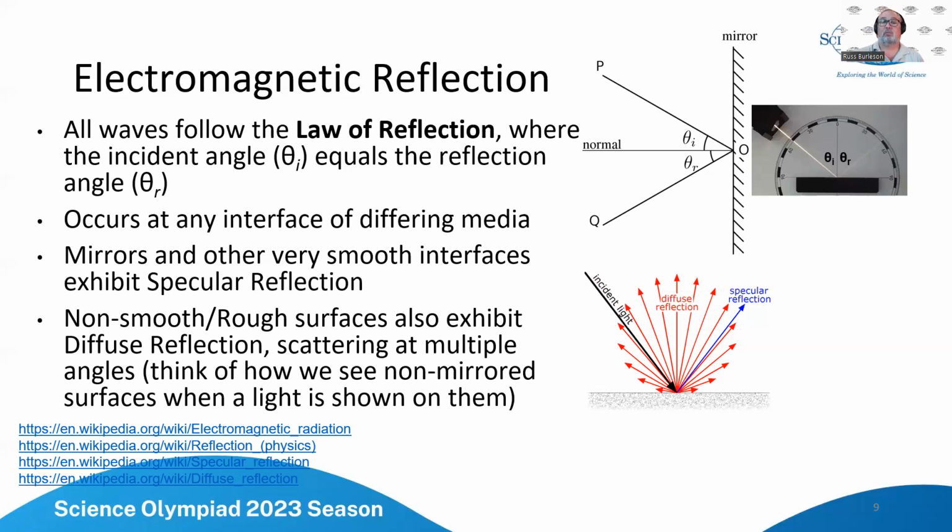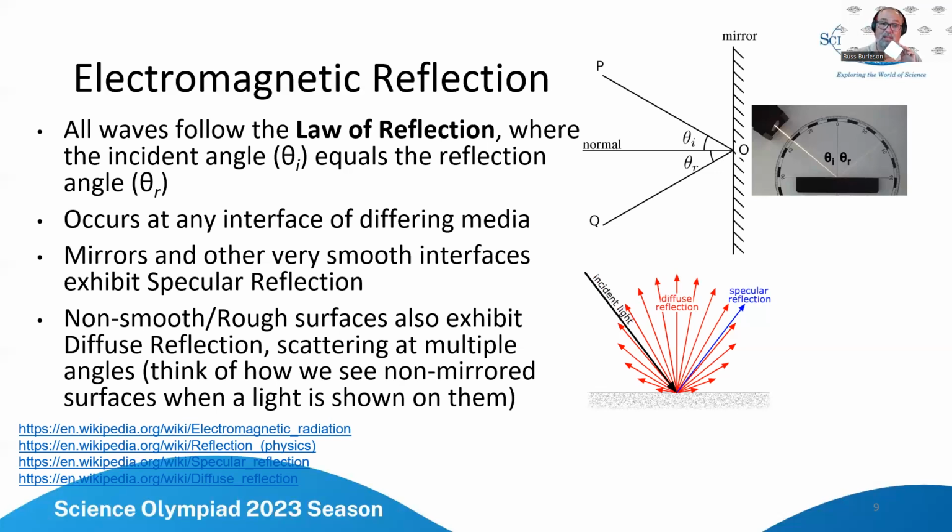However, reflection is very important because it's how we see almost everything. And what I mean by that is when I look at, like, I have this yellow pad of sticky notes, right? The way we see yellow is that the light impacts on this rough surface because it's not a mirror, it's a rough surface.